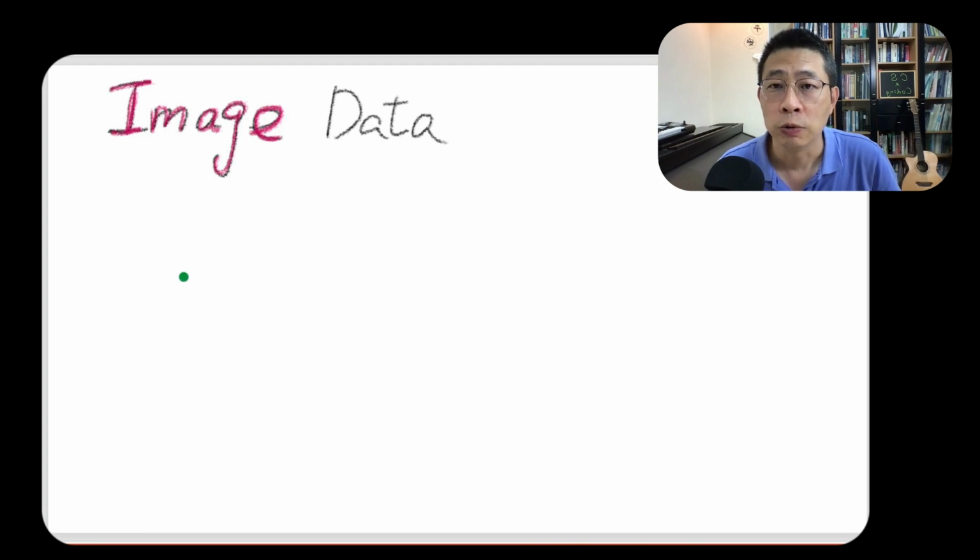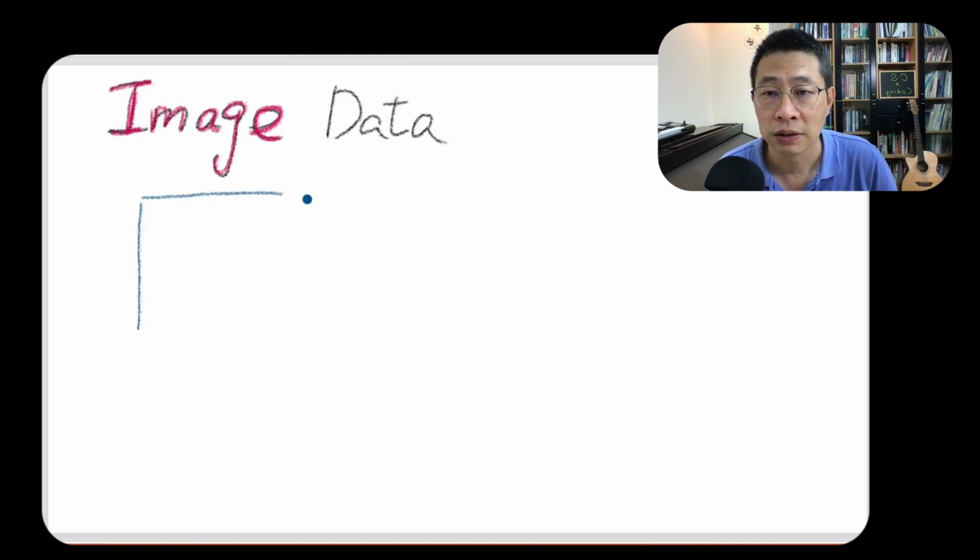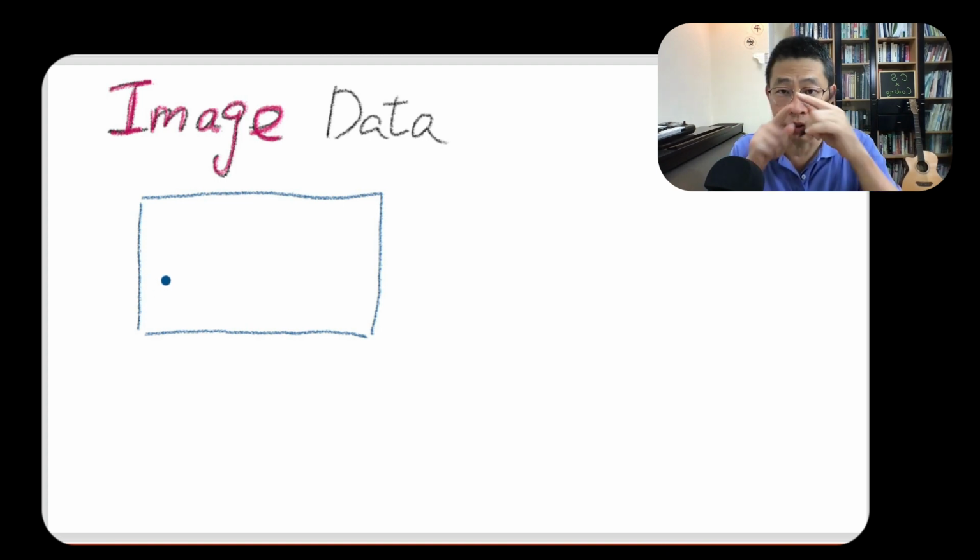So first, we know that the image, they look like, basically use a rectangle to define the dimension, the kind of canvas of your image.